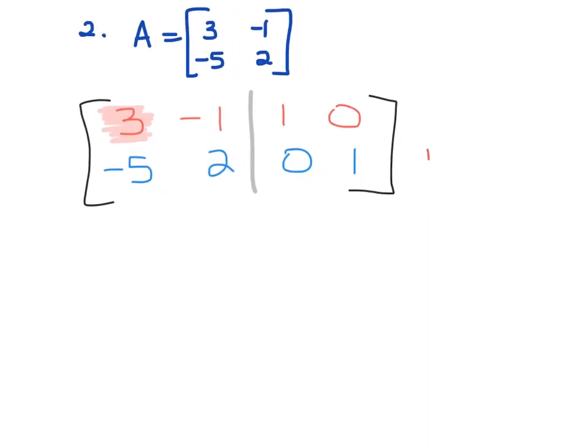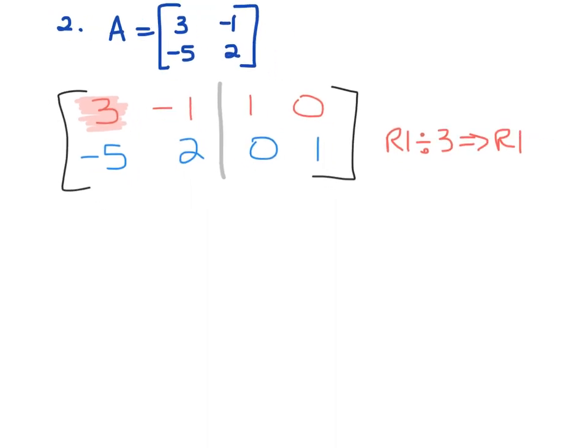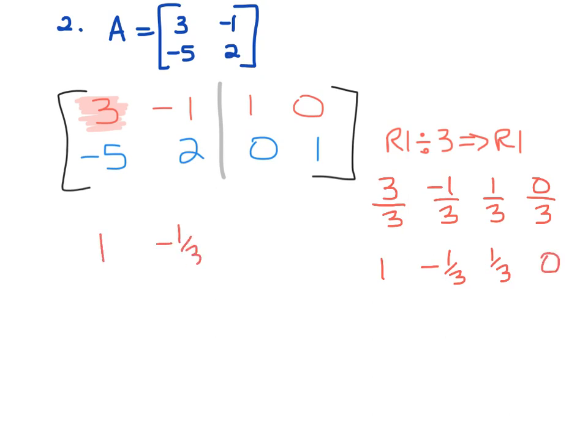So I'm going to take row 1, I'm going to divide it by 3, and it will become my new row 1. So let me rewrite all of row 1, show that I'm dividing each one of the elements by 3. So I get 1, -1/3, +1/3, and 0. This is my new row 1.